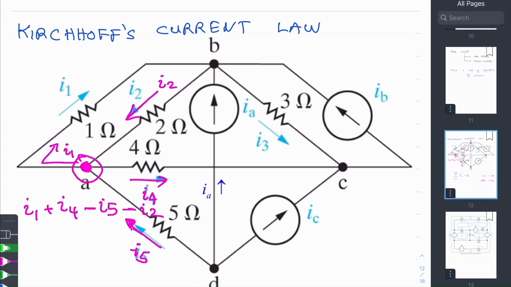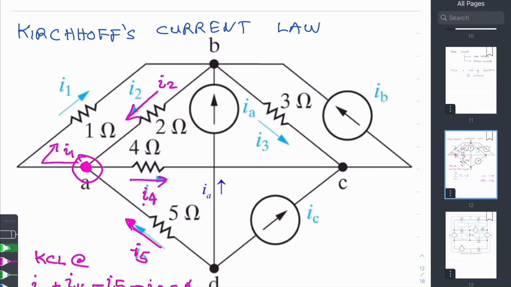If you sum all the currents at node A, that equals zero. So that is KCL, the application of Kirchhoff's current law at node A.